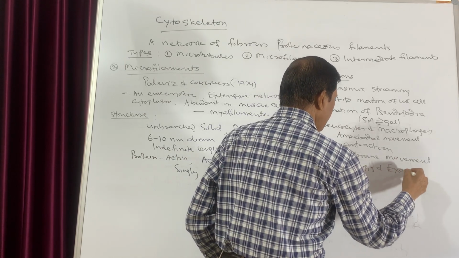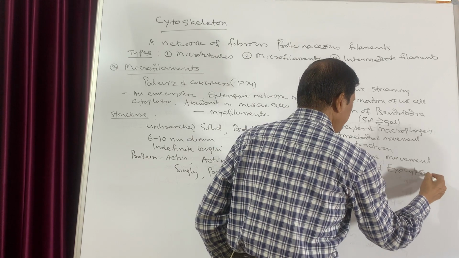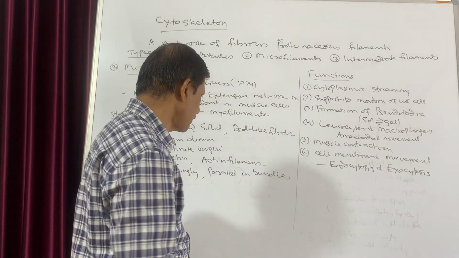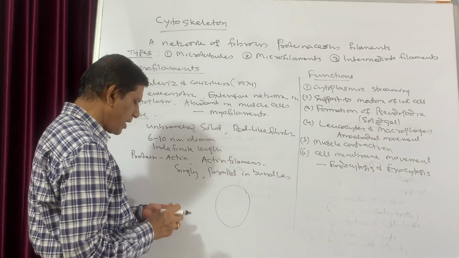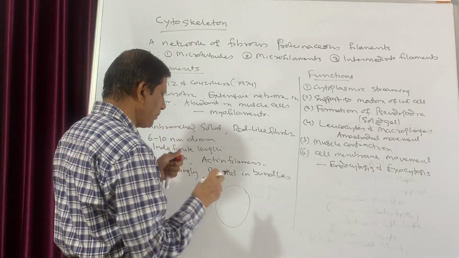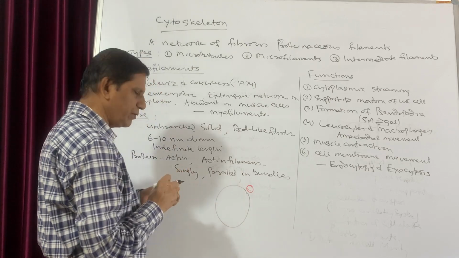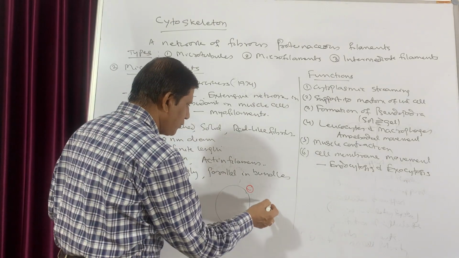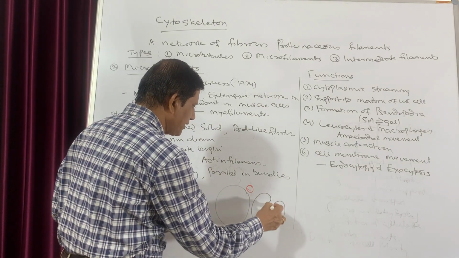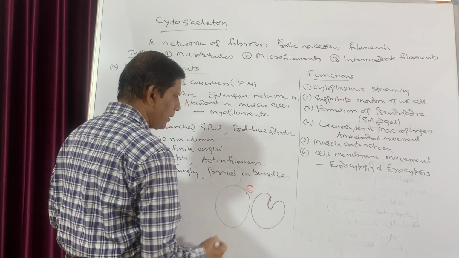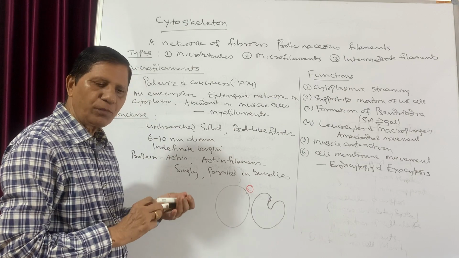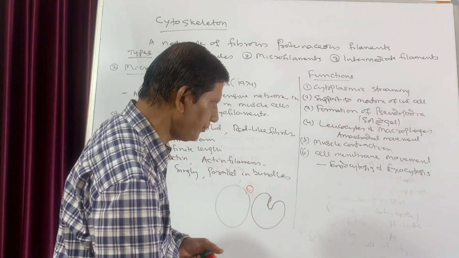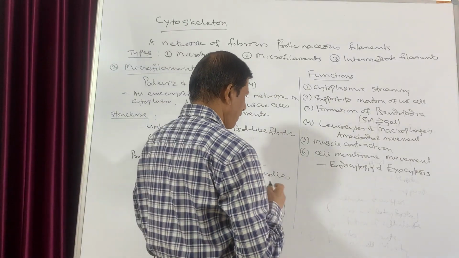So usually what happens? Suppose there is a cell membrane, and a solid particle approaches it and enters inside. Naturally a vesicle-like structure, the phagosome, is formed. This is possible only due to these microfilaments. So that is also one of the important functions.